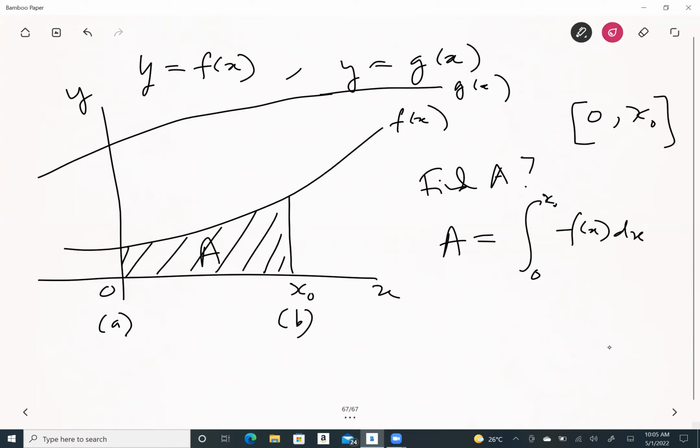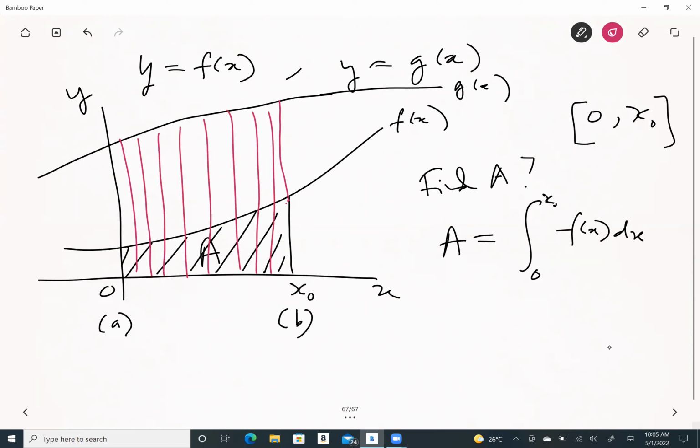Okay, good. Now let's look at another area. Suppose I want to find this area here. The area that I label in red, or pink. So area B. How can I find area B? The interval is the same, from 0 to x0.